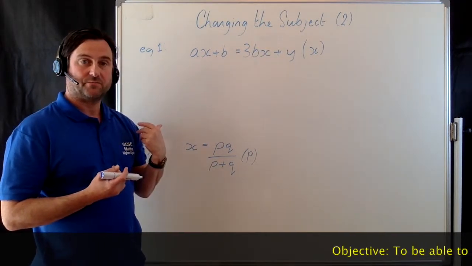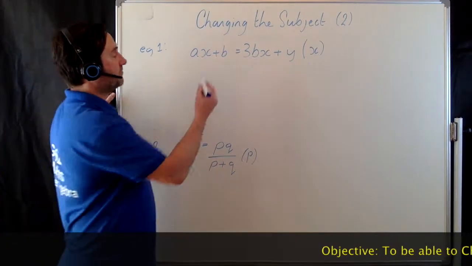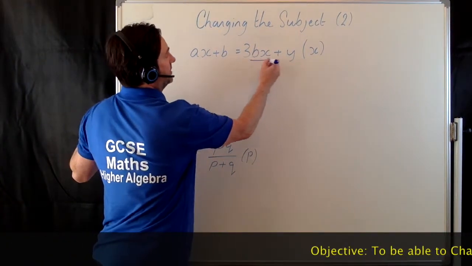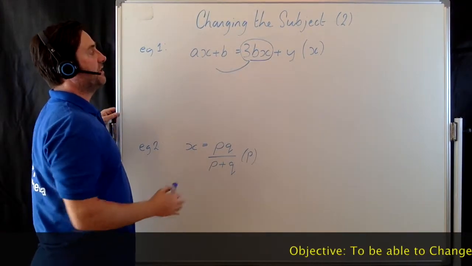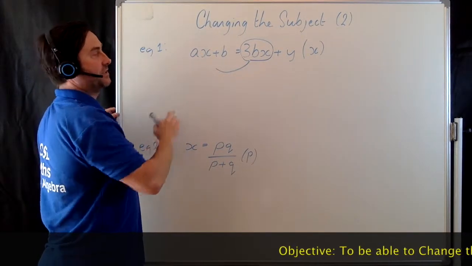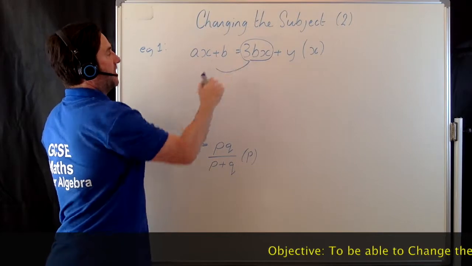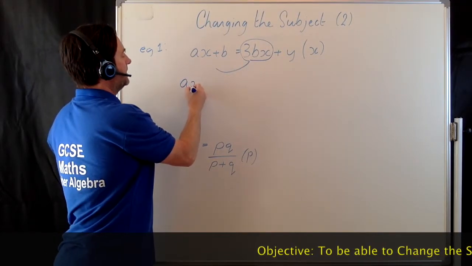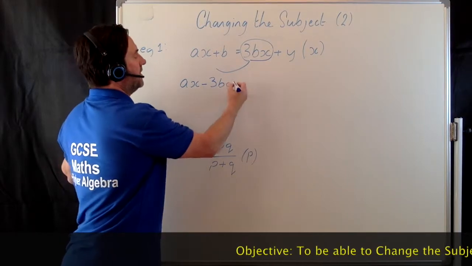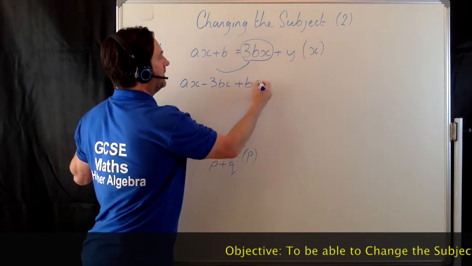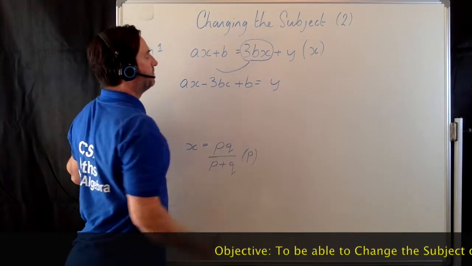So what I'm going to do is take this 3bx over to the other side so it's with the ax, and I'm going to take that away. So I get ax minus 3bx plus b equals y.